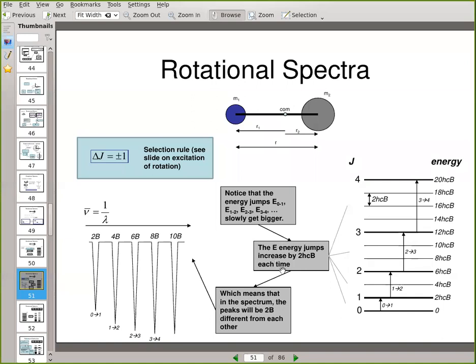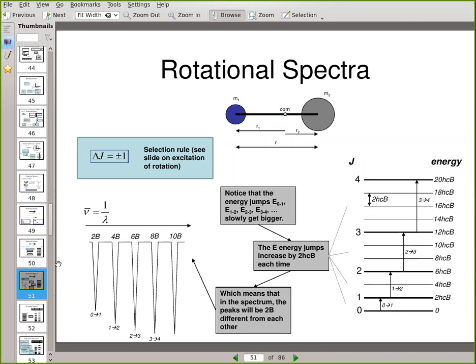The energy jumps increase by 2 HCB each time, which means in the spectrum, if you convert it to a wave number, the peaks will be 2B different from each other, which is really nice as a rule. And so if you look at the spectrum, you can say, well, hang on. The distance between the absorptions must be 2B.